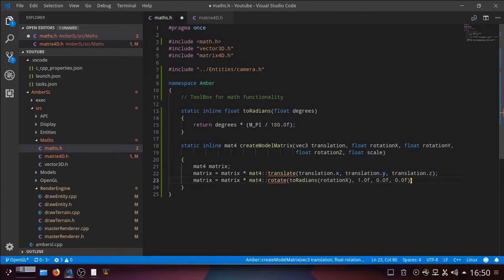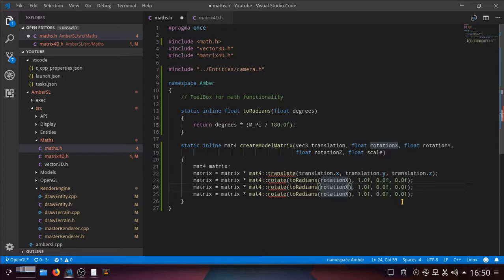So all we need is 3 of these. Copy. I'll have 2 more lines, please, of that. And all it's going to do is rotate x, y, and z. So that becomes a 0. That becomes a 0. On the y, we only want the y value to be changed. And on the z, we only want the z value to be changed.